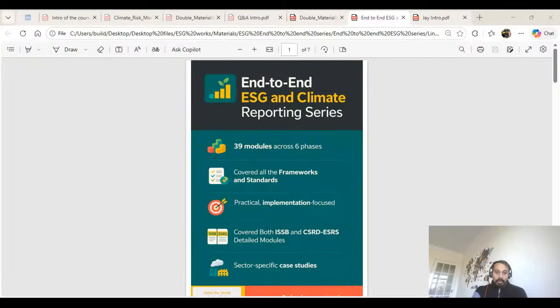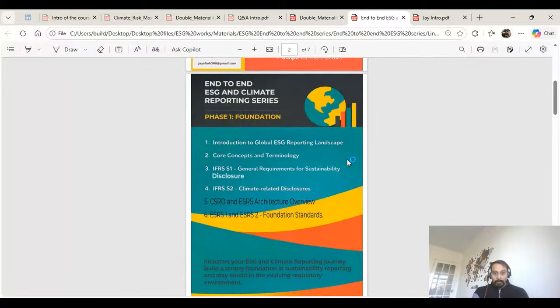Phase one, foundation, covers the global ESG reporting landscape, core sustainability concepts, IFRS S1 and S2, and also the CSRD architecture and ESRS 1 and ESRS 2. That gives overall conceptual clarity before touching any calculations.